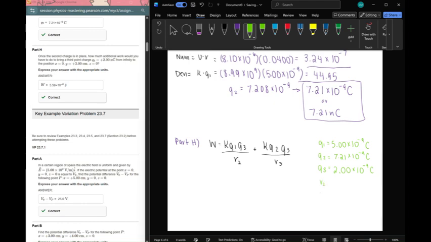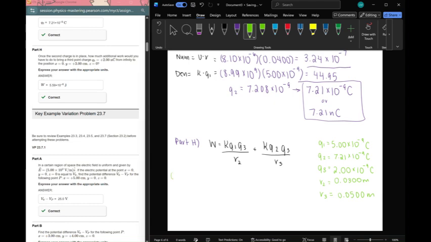And then for R2 and R3, it's 3 centimeters, so we're going to convert it to meters by dividing by 100, so 0.0300 meters, and 5 centimeters is going to be 0.0500 meters.